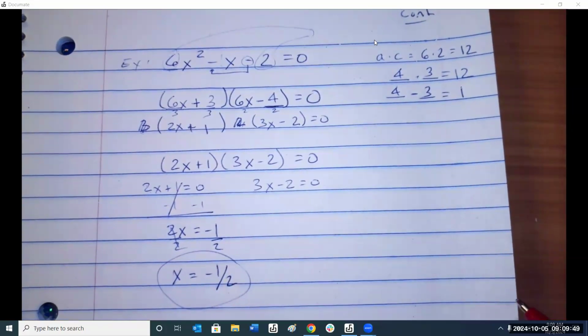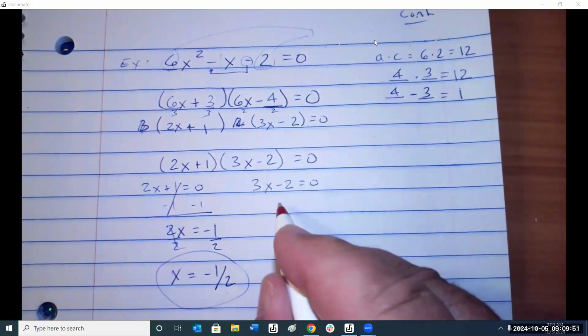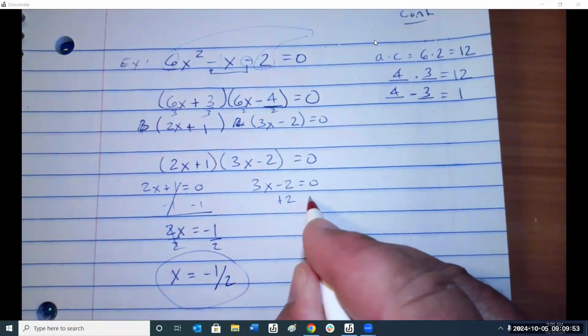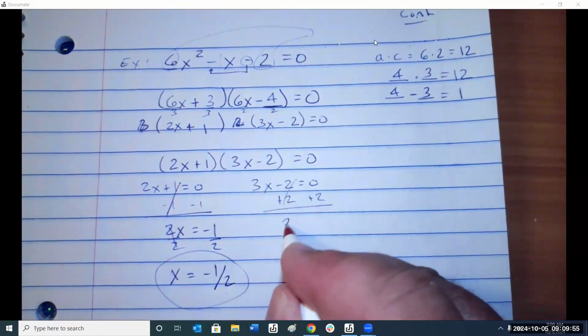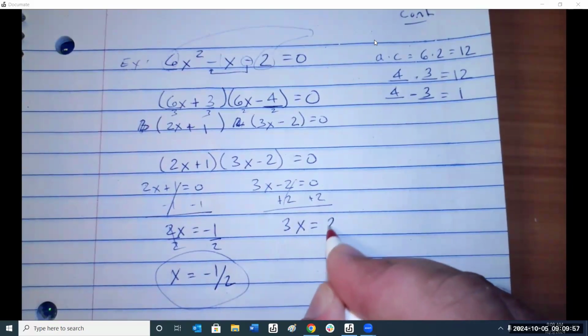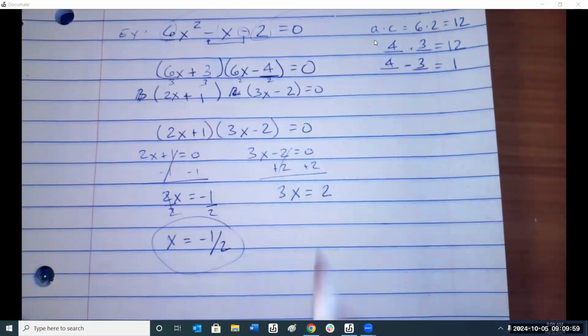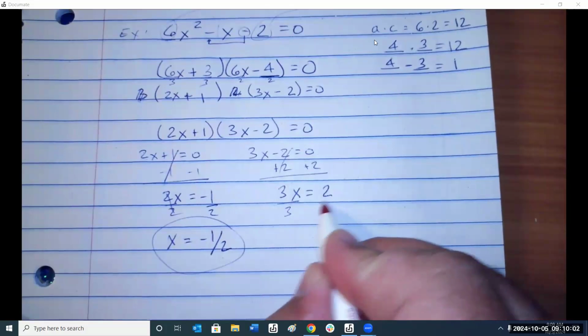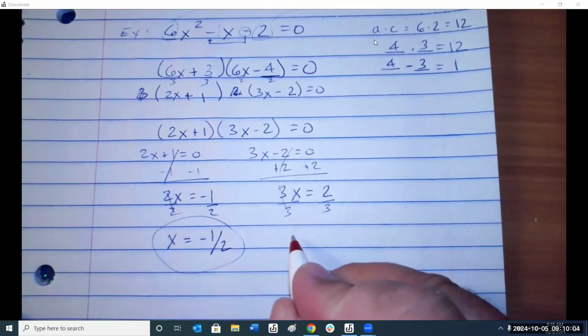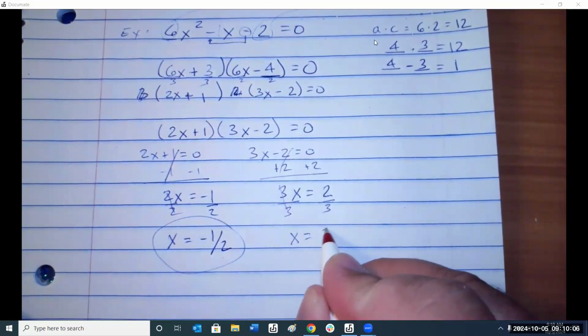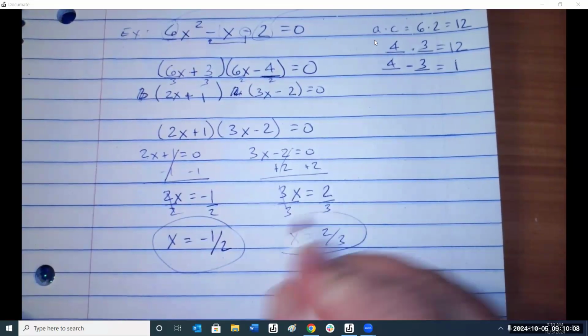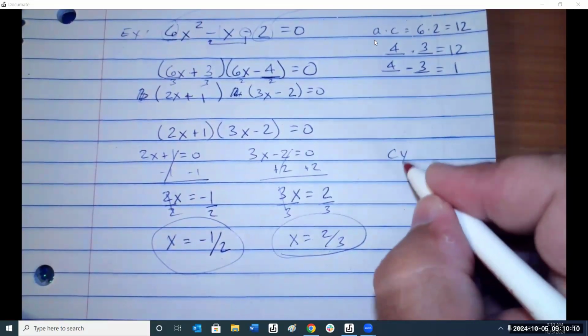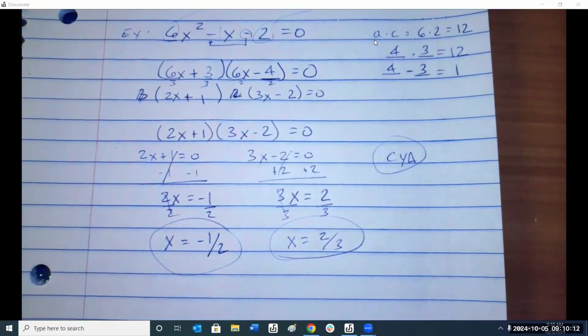There's our first solution. The second one, we add 2. 3x equals 2. Divided by 3, x equals 2/3. Those are my solutions, and of course, plug them in there and check your answers.